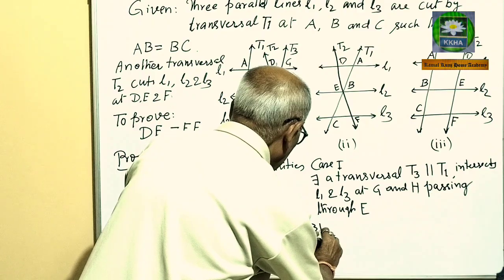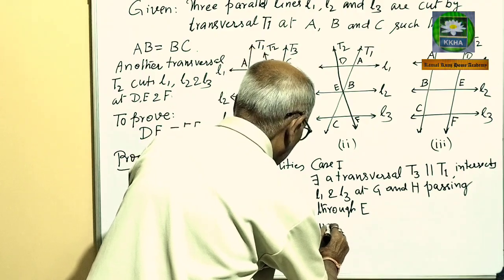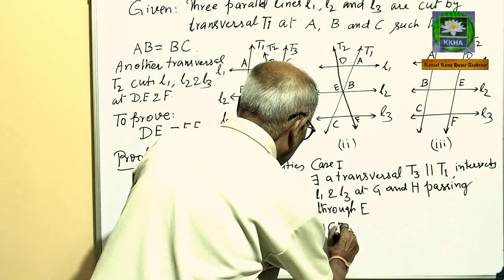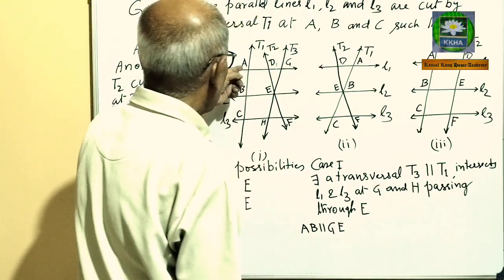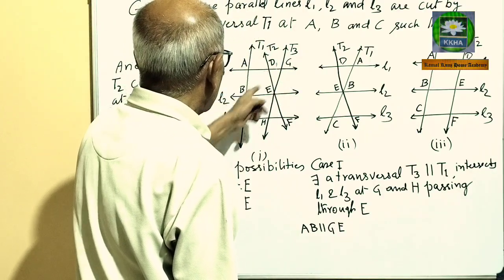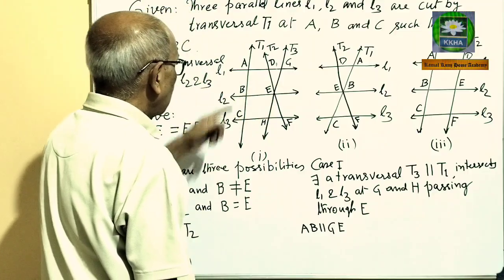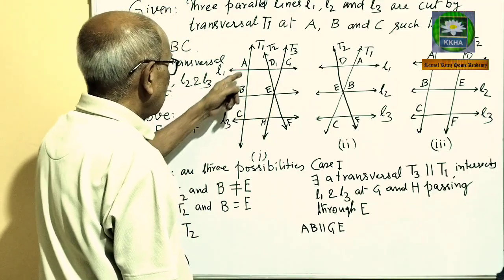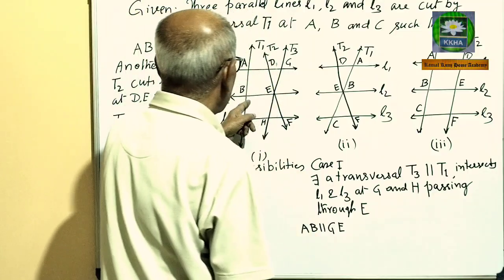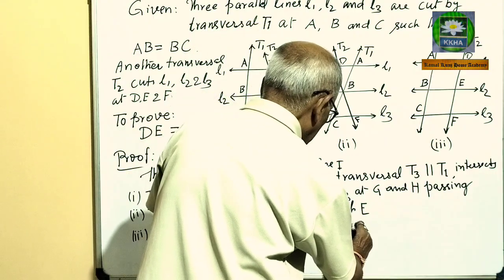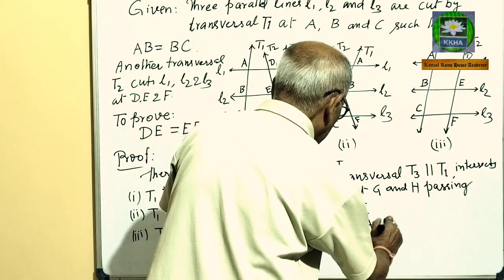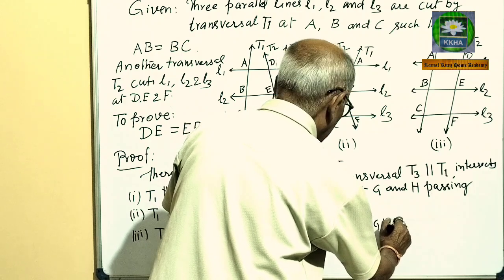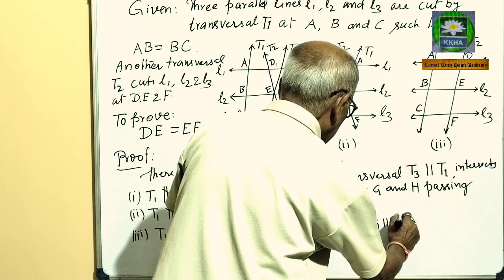And AG is parallel to BE because L1 is parallel to L2.